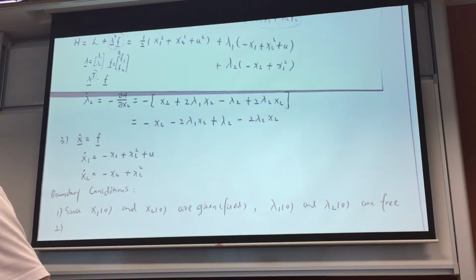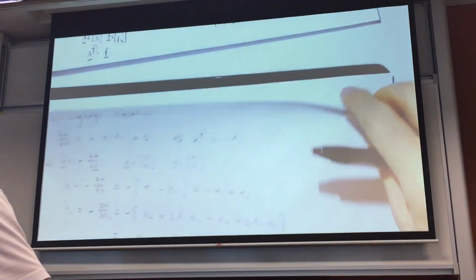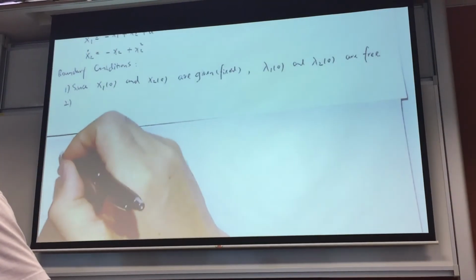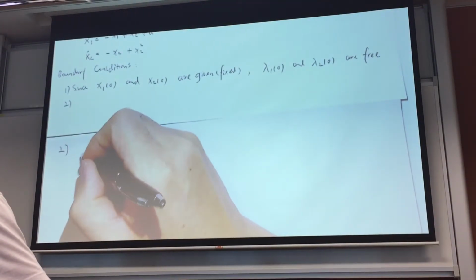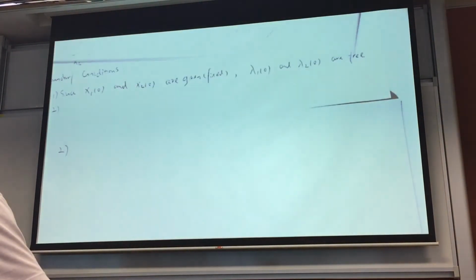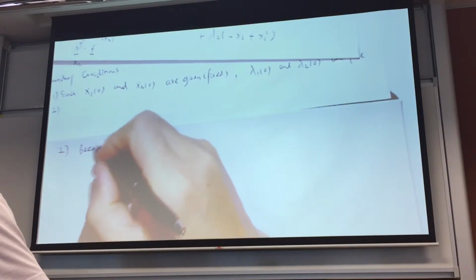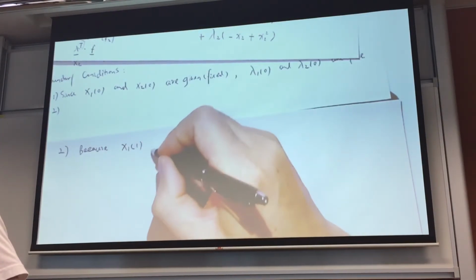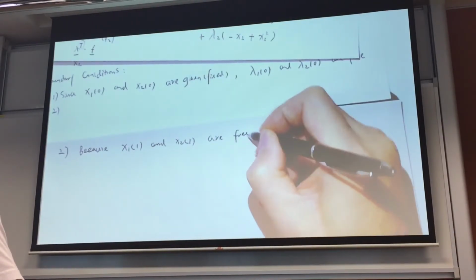For the second set of boundary conditions, it's because x11 and x21 are free.